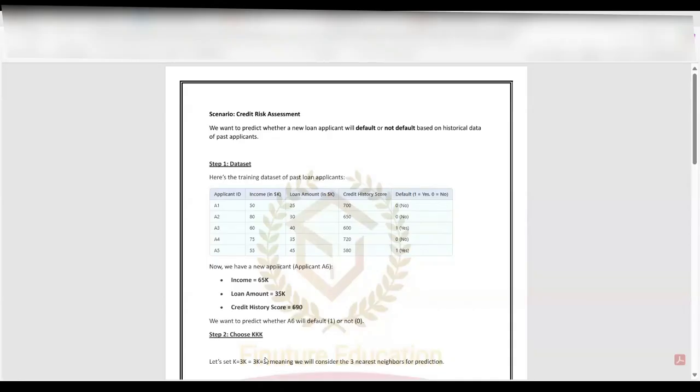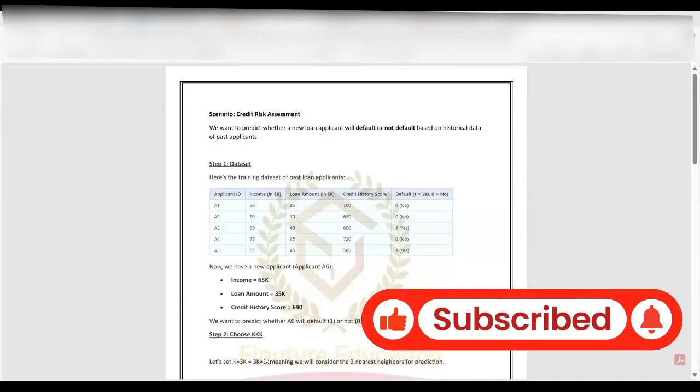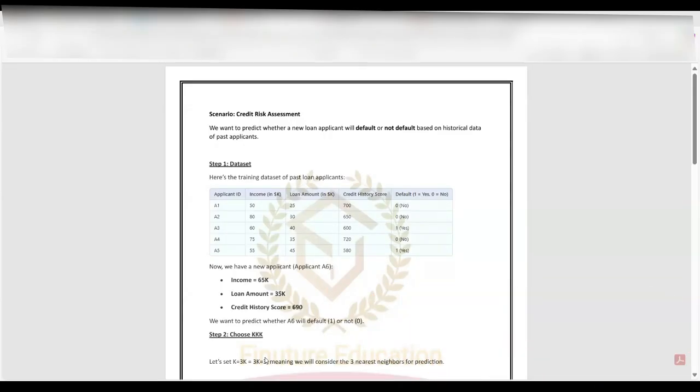And this is the credit history. And you had default, no default over here. If you see that the credit history was good, income was good, but the loan amount was higher, that's why there was a default. So this is your training data.